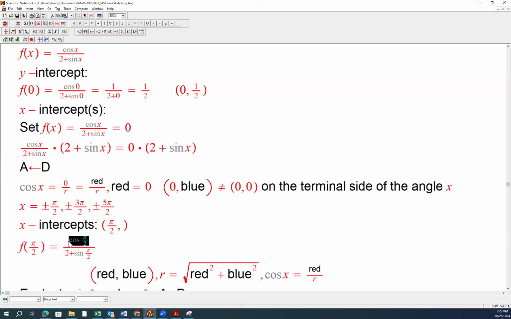The numerator is 0, right? And so the whole thing is 0.